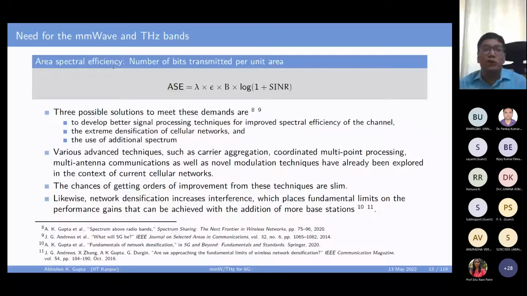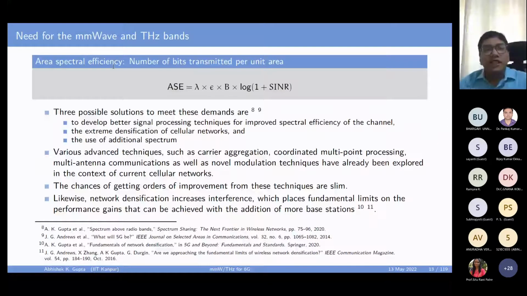For example, if you have more antennas, the spectral efficiency can be increased by using spatial multiplexing. And then lambda is the density of the transmitters or the communication links, so links per unit area. Sorry, area spectral efficiency is the number of bits per second transmitted per unit area, so include per second also.